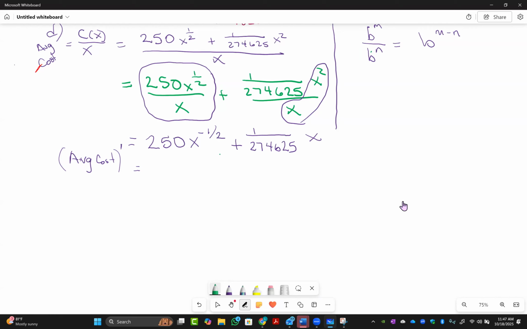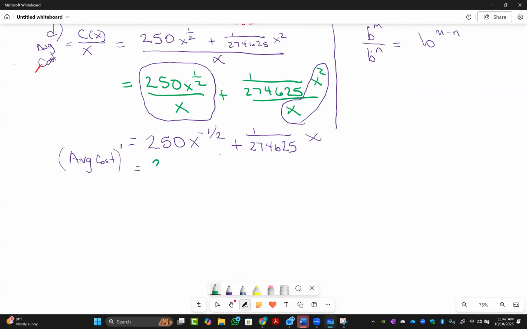You want to simplify things as much as you can before you start taking derivatives, because I'd rather use the power rule here than the quotient rule. The quotient rule would work. It would just be super messy, right?